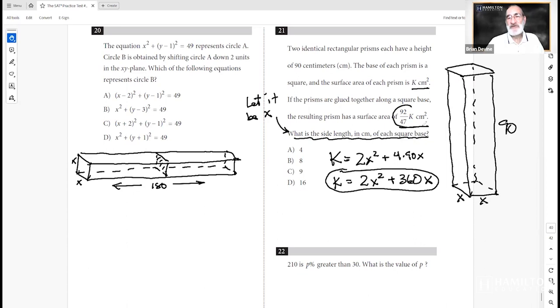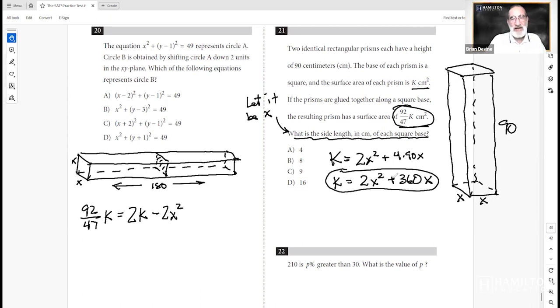Because now if I focus on this, this thing, 92 over 47K, is going to have to equal twice the surface area of just one box, because I got 2 of them. But then I take out the 2 bases that are glued together because they're not involved in the final surface area.